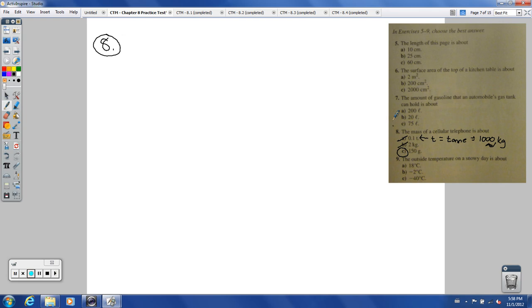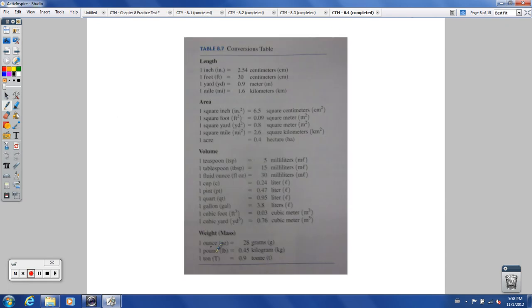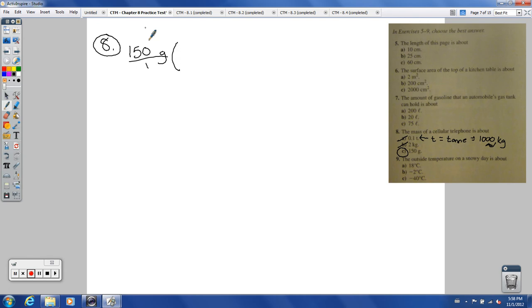150 grams. Let's change that just for the sake of comparison. Let's change that here to ounces, which we're a little more familiar with in our good old US of A. So let me go back to here. Yep, that's the one I want. 1 ounce, about 28 grams. So if we're doing this, getting rid of grams, put grams on the bottom so that it cancels.